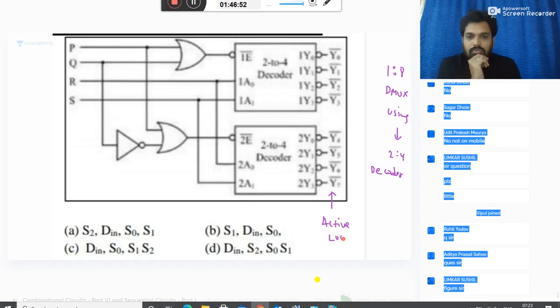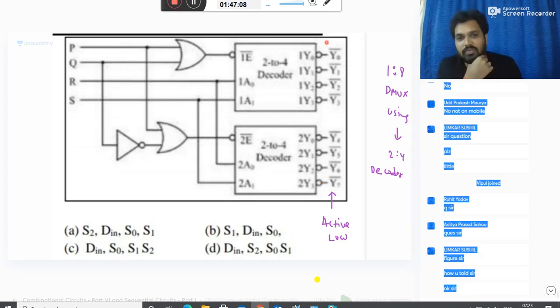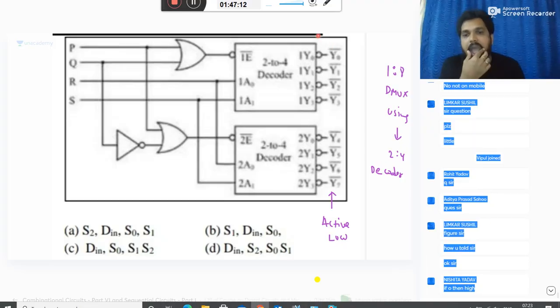Active low. What is the meaning of active low outputs, sir? If a bubble or bar is there, it is active low. Don't cancel the bubble and bar. Someone asked me earlier also. It is not like if it is zero, it is high.